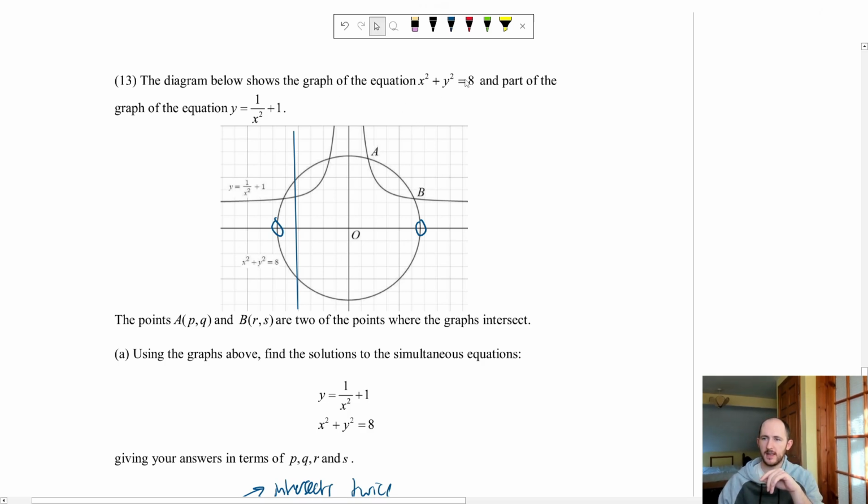If we look over here, this is the radius squared of the circle, which means the actual radius is root 8, the distance from the center to the edge. So this coordinate is root 8, 0, because it's root 8 away from the center. This point is minus root 8, 0, because it's root 8 in the other direction.